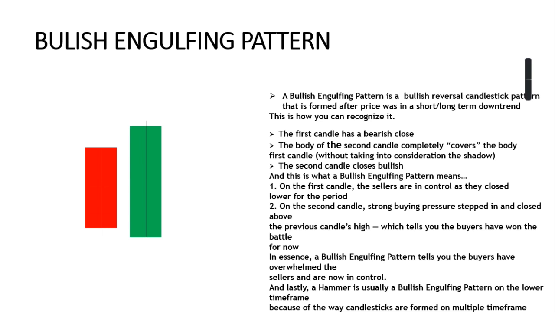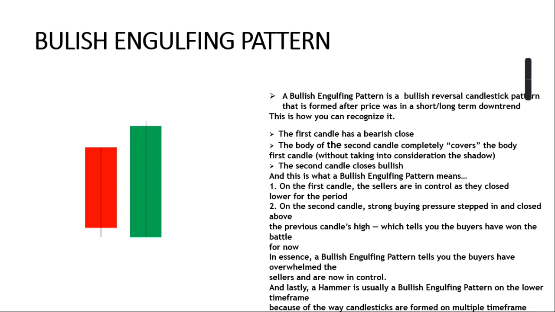And when you spot this at significant areas of value like support or a trend line, then that becomes a high probability trade. Okay, and what does it mean? The first candle has a bearish close and closed lower, and the second candle closes bullishly above the first candle, which tells you that the buyers have won the battle momentarily.